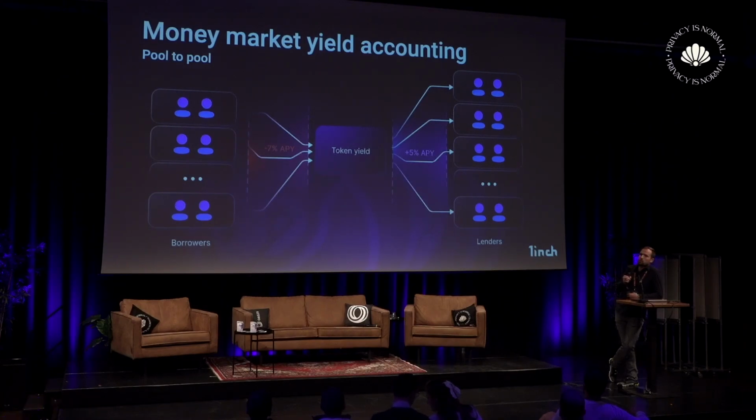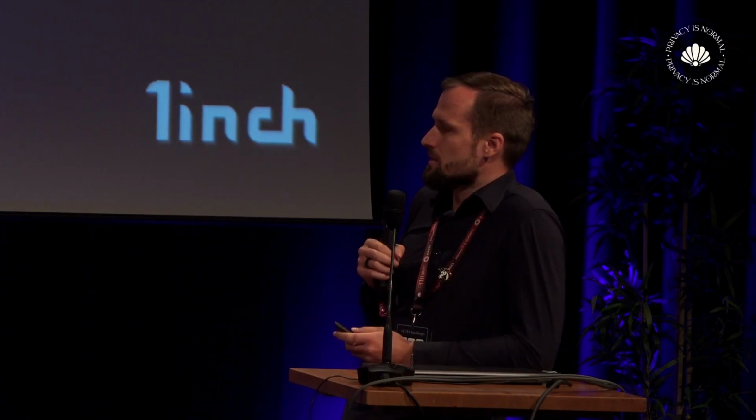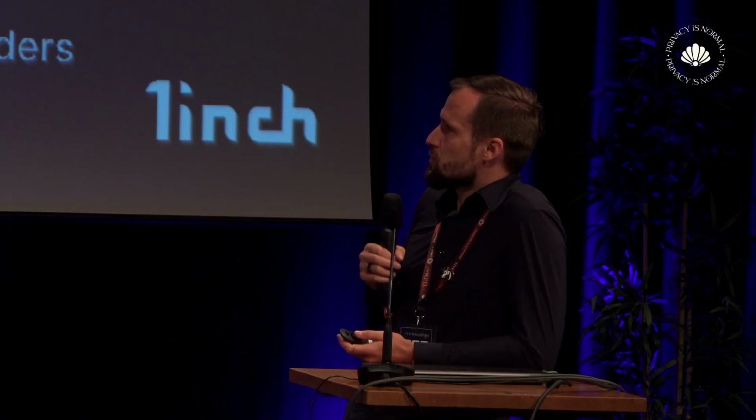Your debt is growing every second, and every second, all debts of all borrowers are being redistributed among lenders. So that's how it works. Your debt is growing every second, and the collateral of everyone is growing every second. So there is no room for front-running or sandwiching here, because it's gradual. It's not an event-based or instant distribution.